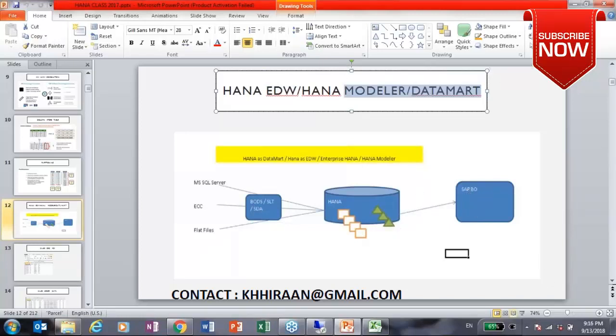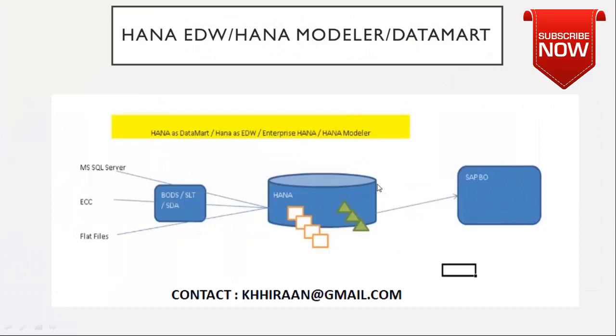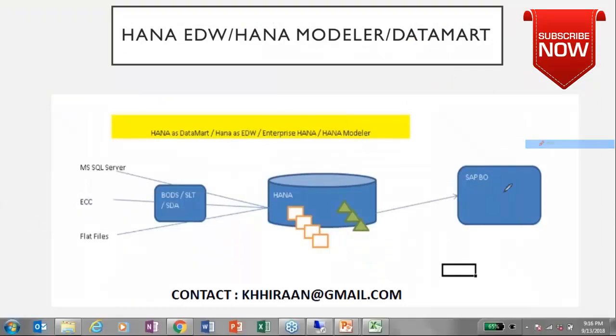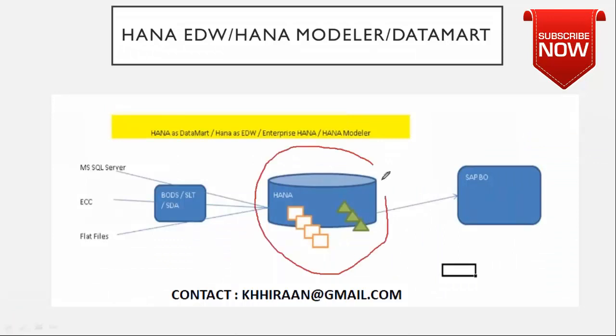For example, how am I going to get the data? It's very simple. Always remember that if you have a HANA database, whenever you install, it will be blank. There won't be any data. So how do I get the data, and from where?